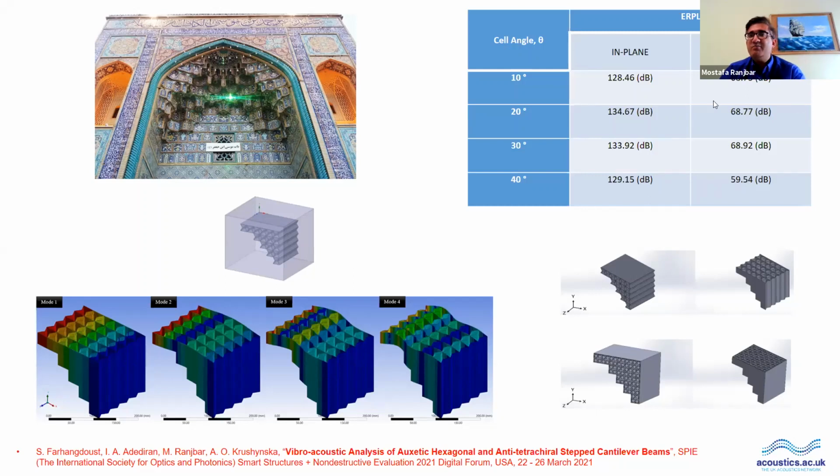We realized that by using this type of stepwise structure, for in-plane and out-of-plane, we can have a very good reduction in the radiated noise. For example, for the out-of-plane structure, when we are using a layered Auxetic hexagonal cell, by specific design, we can have a very low level of radiated noise because we are changing their stiffness, and therefore we can have better noise radiation properties.